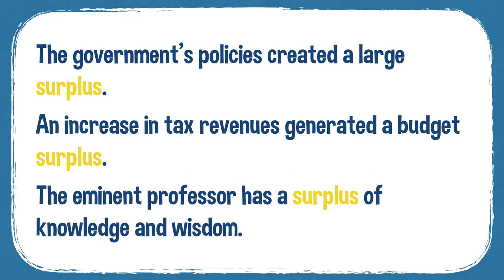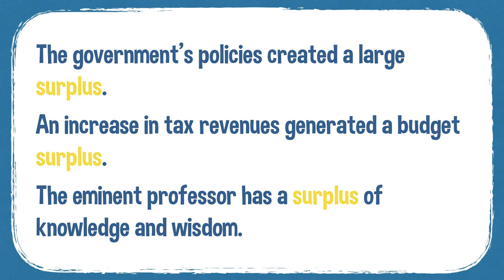Here's a slightly different example: the eminent professor. Eminent is very important, for a professor, very wise. So the eminent professor has a surplus of knowledge and wisdom. He has more knowledge and wisdom than he can use. Very good thing. He's so wise and so knowledgeable.